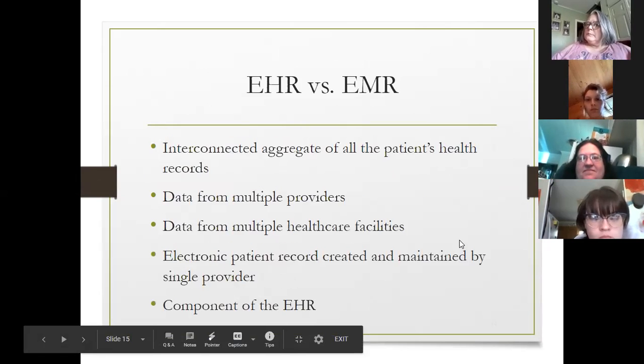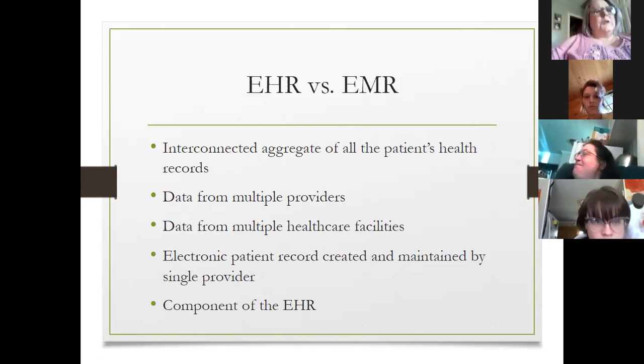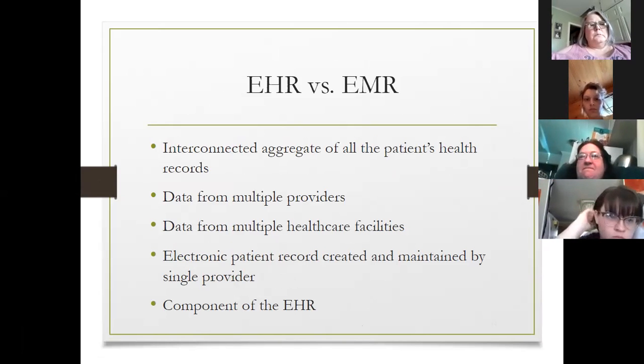Okay, I want you to pay close attention to this because I can't remember if it's your homework or your lab. I have my paper here somewhere. Let me see. It's homework. Thank you. I appreciate it. This is your homework. It doesn't have to be complicated, but you need to know the difference between EHR and EMR. There are just small differences, okay?